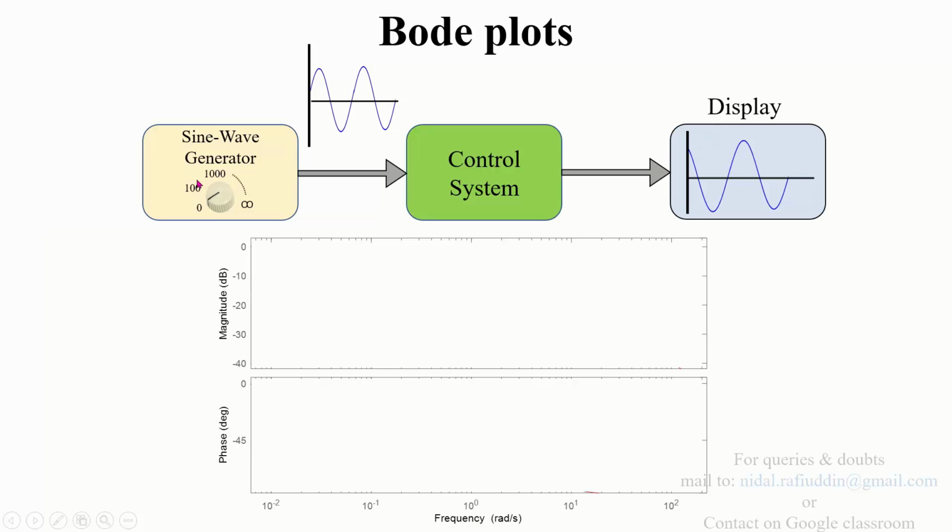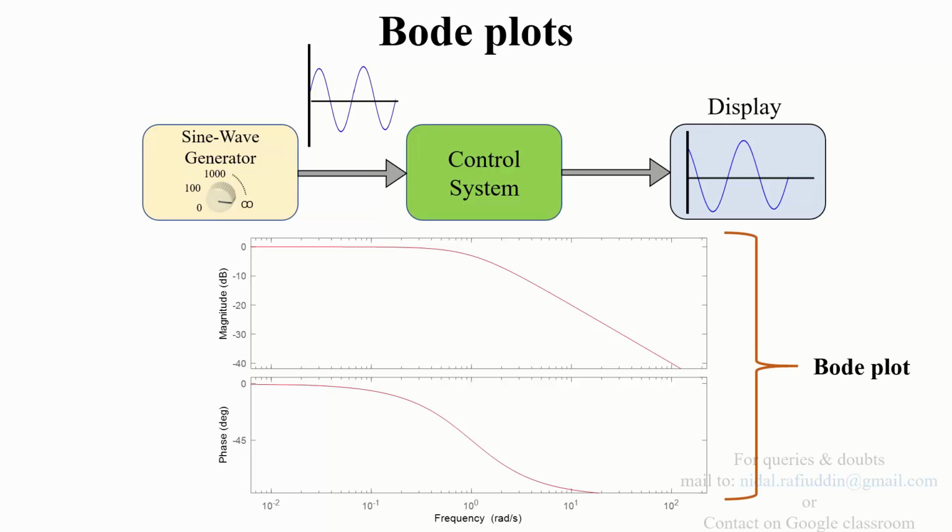We are going to change the frequency of the input waveform, and observe the changes in the amplitude and phase of the output waveform that will be drawn on these two plots. When we vary this frequency from 0 to infinity, we'll observe that the magnitude behavior and the phase behavior of the output waveform will have a pattern. We collectively refer to these two plots as Bode plots.